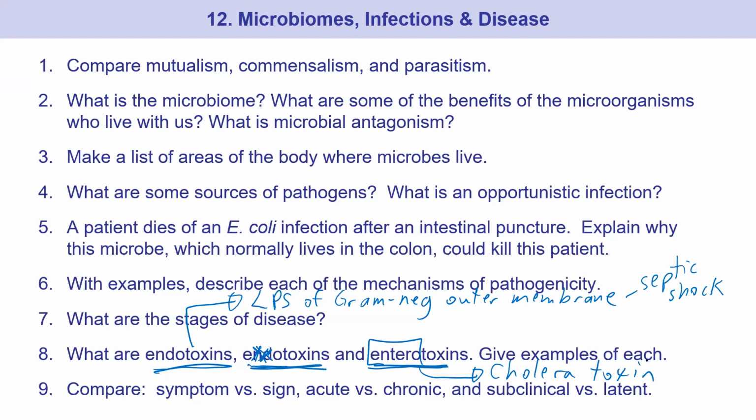We looked at the cholera toxin, which is also an exotoxin because it's secreted. Enterotoxin just means it's causing that particular symptom, so diarrhea, vomiting kind of thing. Exotoxins, we had the tetanus toxin, botulism toxin, and there's also the toxin by staphylococcus that causes toxic shock syndrome, and so on.